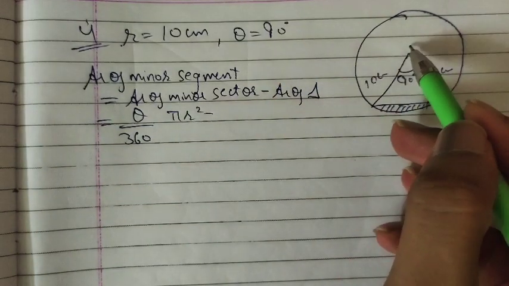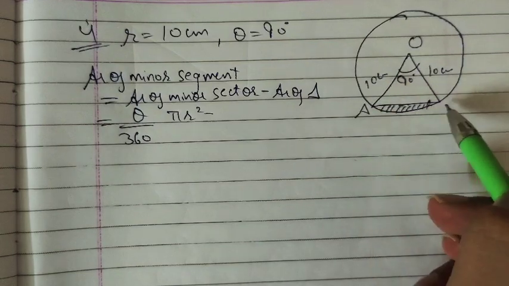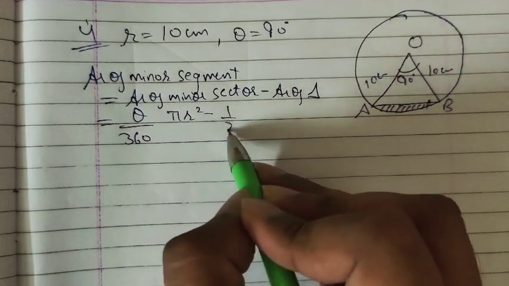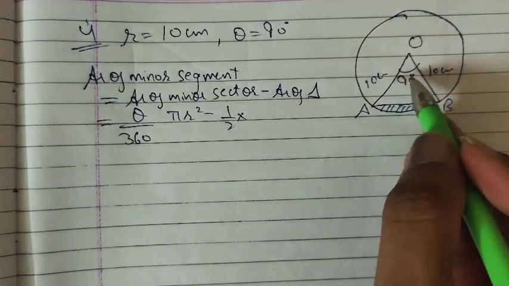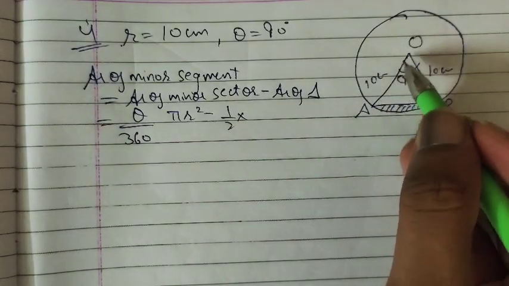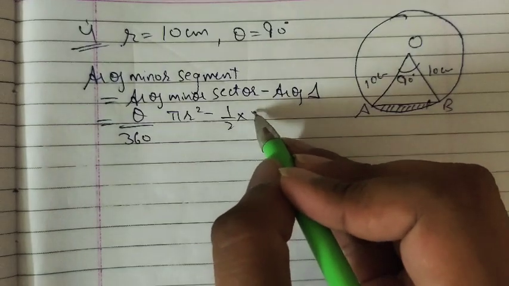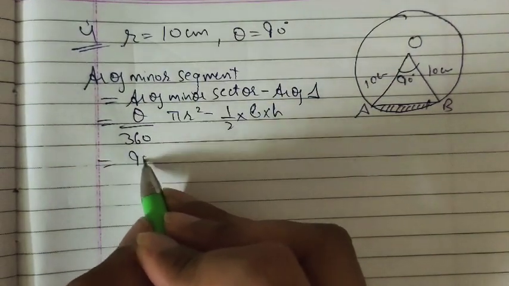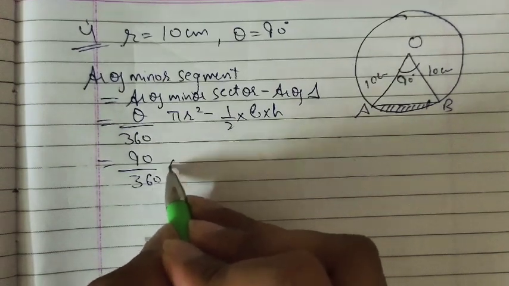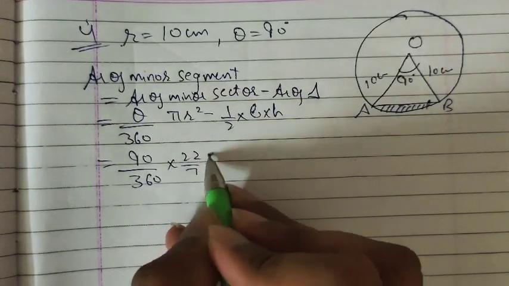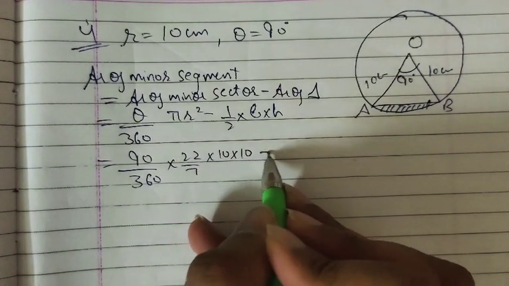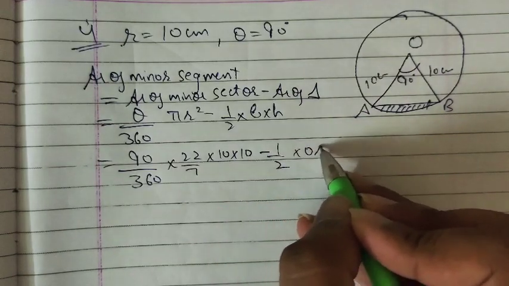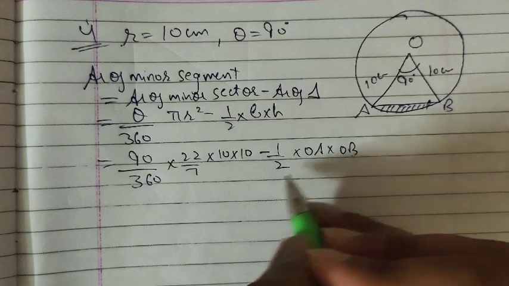Now if I call it OAB, area of triangle is half base into height, because 90 degrees is there, so we can take base as OA and height as OB.